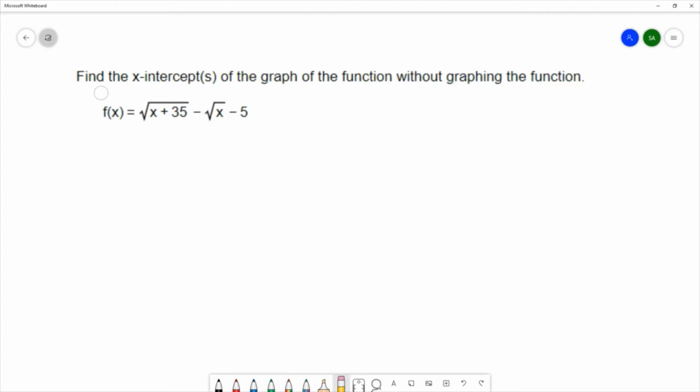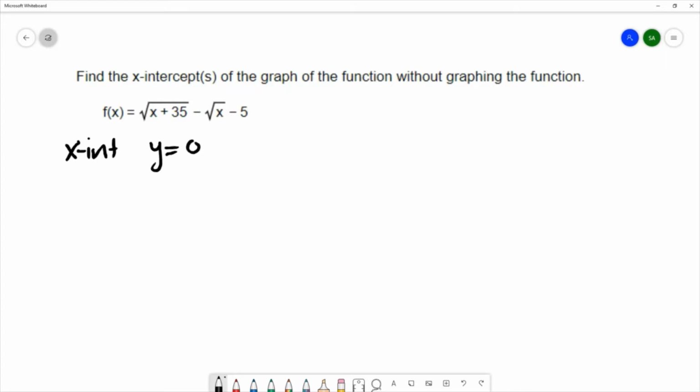This question says, find the x-intercepts of the graph of the function without graphing the function. Our function is f of x equals square root of x plus 35 minus square root of x minus 5. So to find an x-intercept, we're going to let y equal 0.